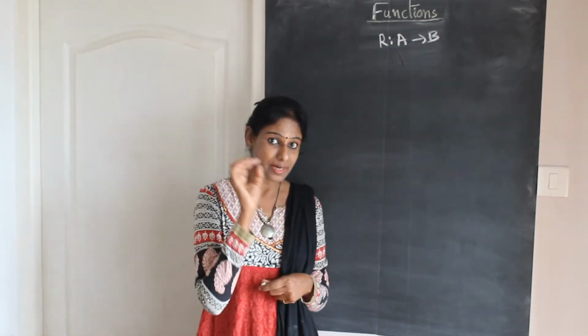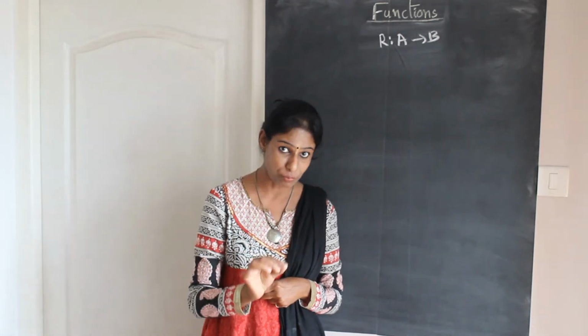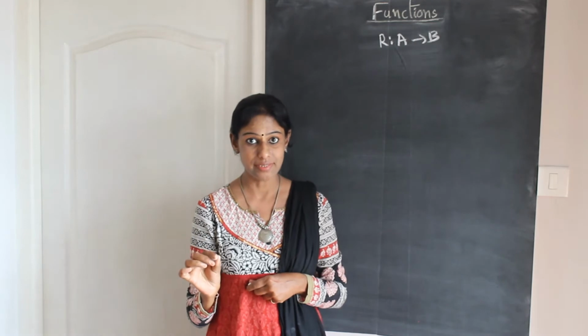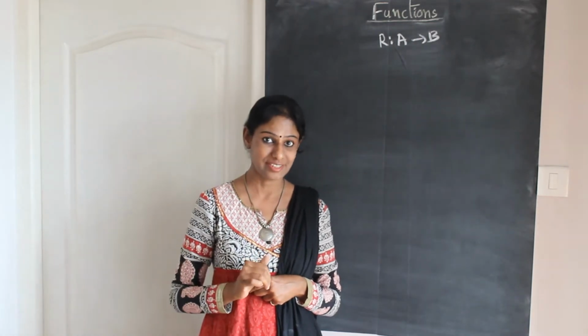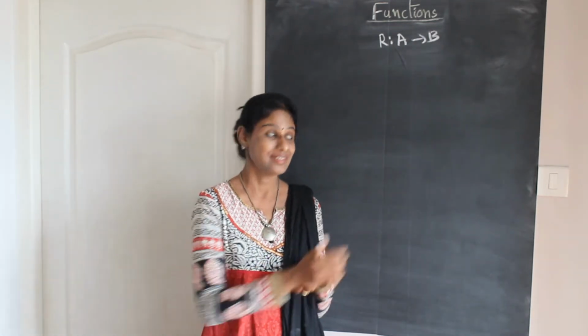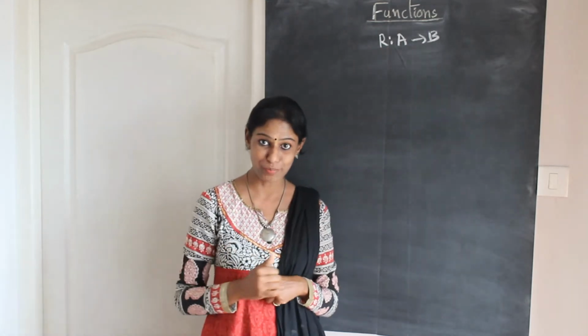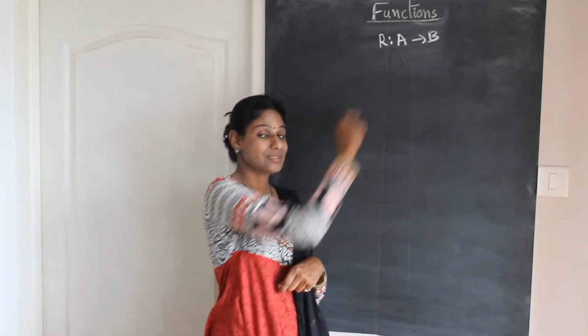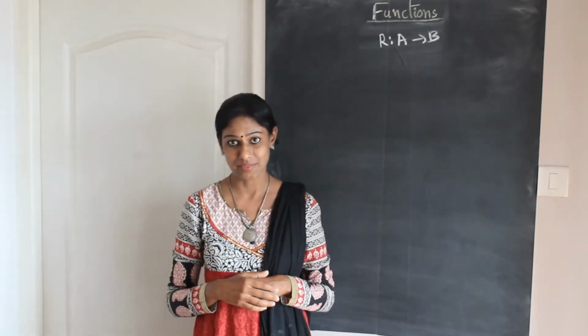Now a relation, when it satisfies a particular condition, becomes a function. What is that condition? In a relation from A to B, A is known as the domain of the relation and B is known as the codomain of the relation.